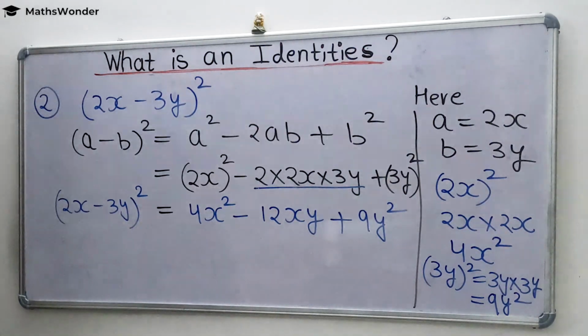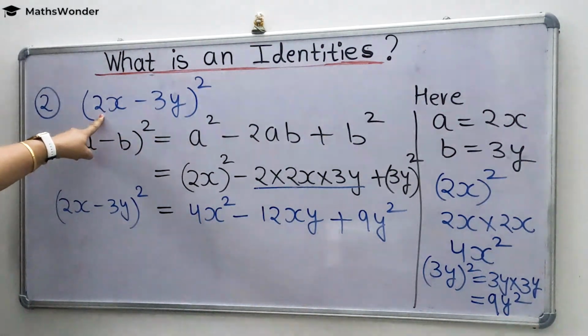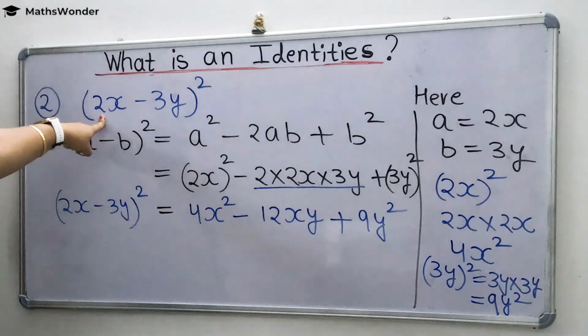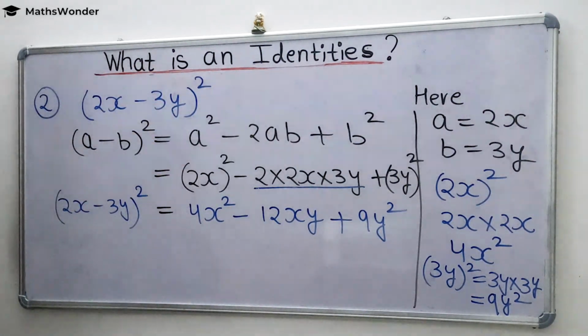Any confusion, any doubt, please let me know. I can clear it right now. So it's very simple. Whatever values are given here, you will consider the first term as a, the second term as b, and substitute in your identities properly. And then remember last grade's algebraic expressions multiplication, how we have done it.